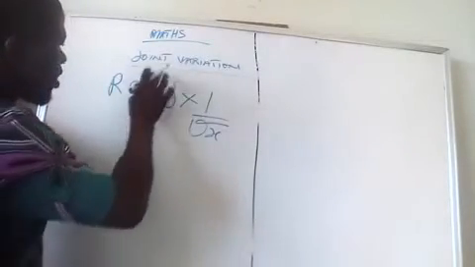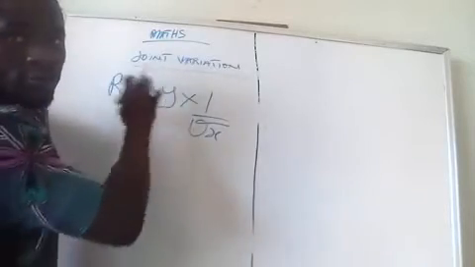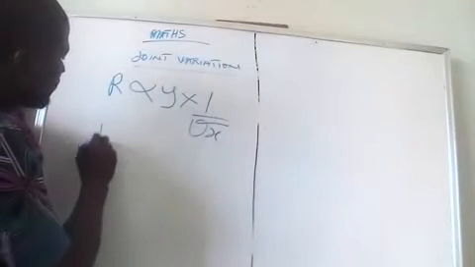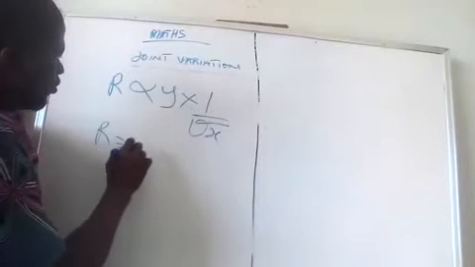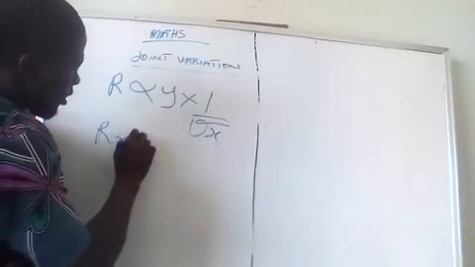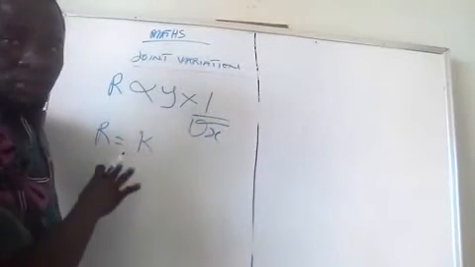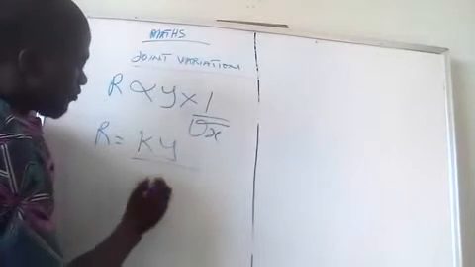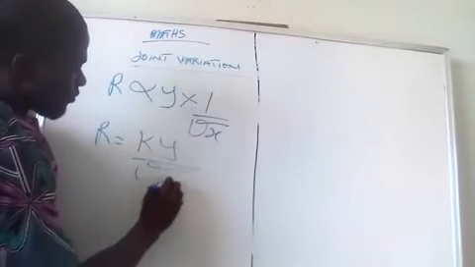So from here now, when we remove the proportionality sign, we have R equal to K, we have now put K, Ky over the square root of X.